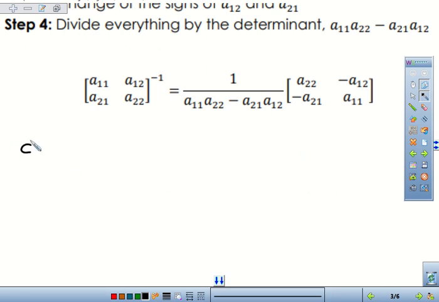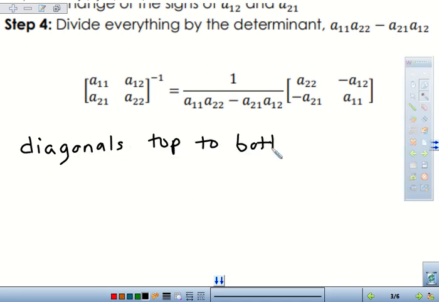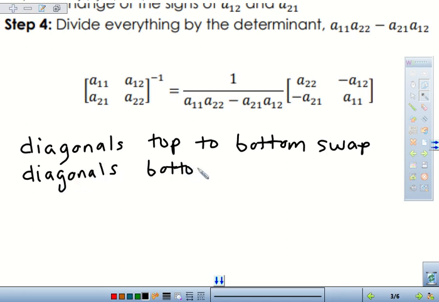So I'll write it out here. Diagonals, top to bottom, swap. So if you see here, these guys, they swap. Diagonals, bottom to top, signs drop.